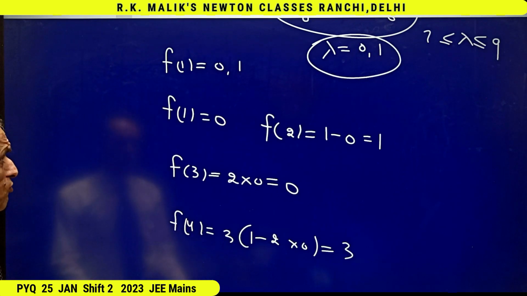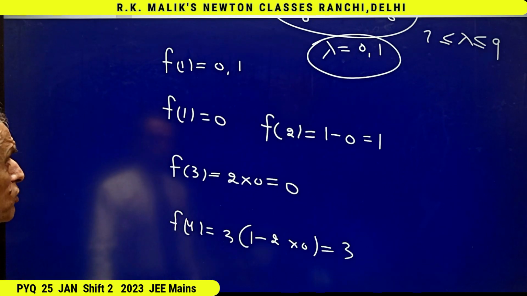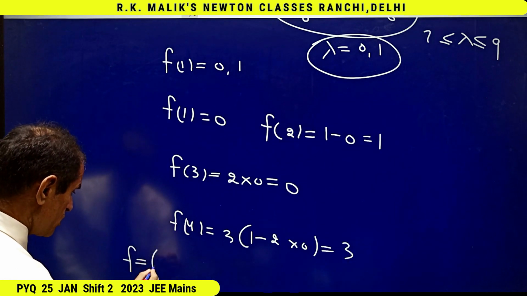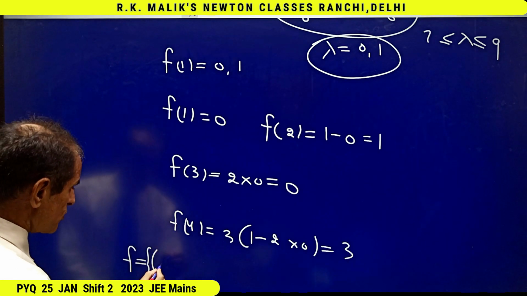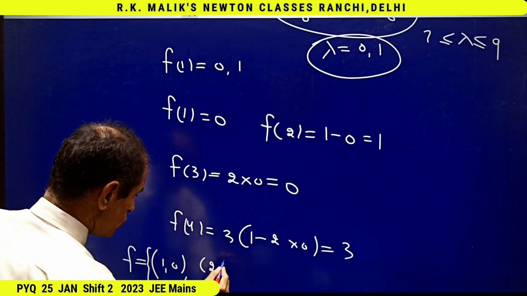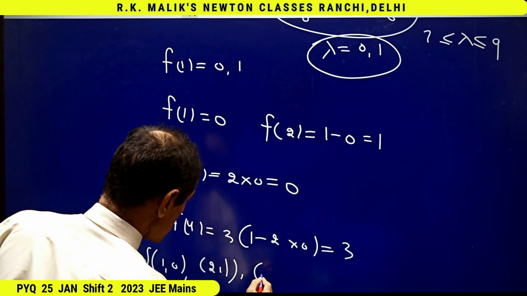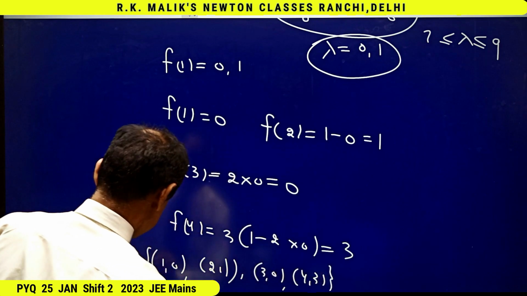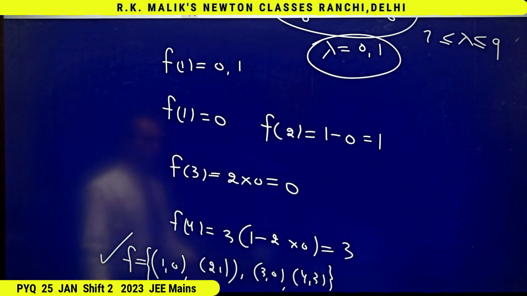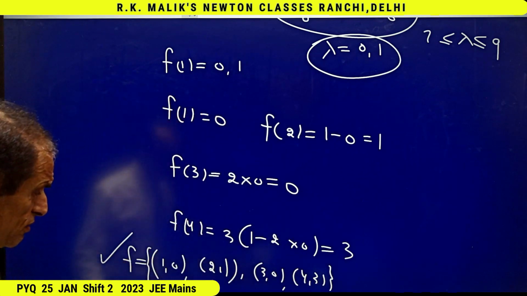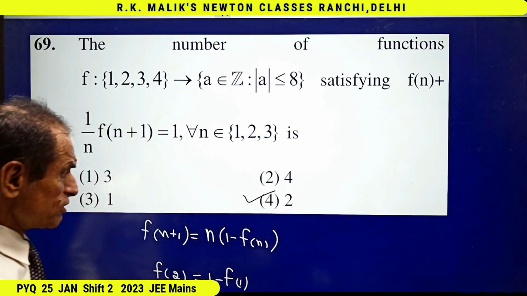Just for knowledge, one more thing I am going to tell you: for this case, the function will be 1 to 0, 2 to 1, 3 to 0 and 4 to 3. This is one function. And similarly, starting with f1 equal to 1, we can get one more function. Hence, I can say the fourth choice is the correct choice.